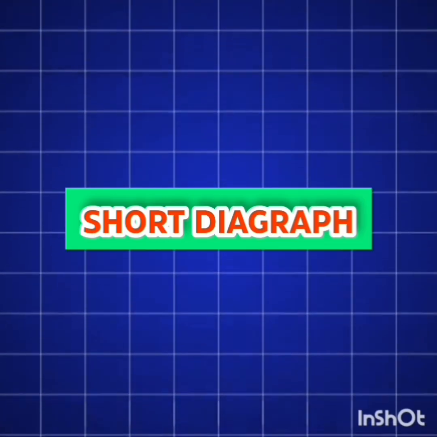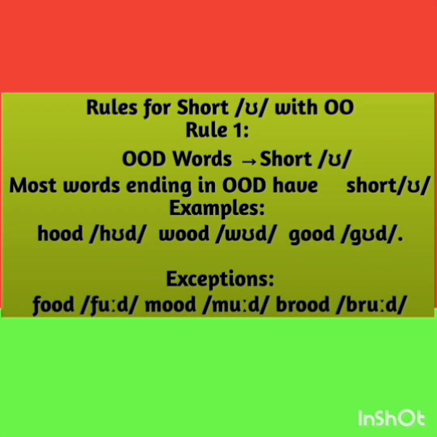As for the digraph OOD, it gives short U. OOD words like brotherhood, neighborhood, motherhood, and so on, as well as good and wood, all give short U. The exceptional cases in this regard are food, mood, and brood.